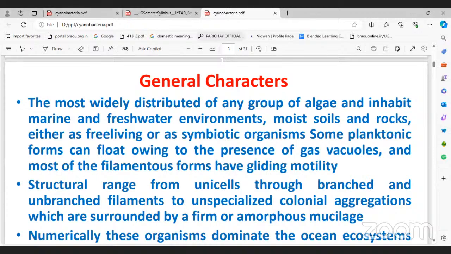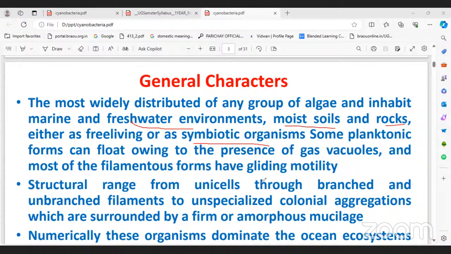Write down: freshwater, moist soil, rocks, free living and symbiotic organisms also. Some are planktons. Planktons mean they are free living inside the water.